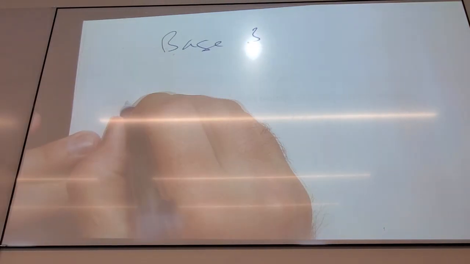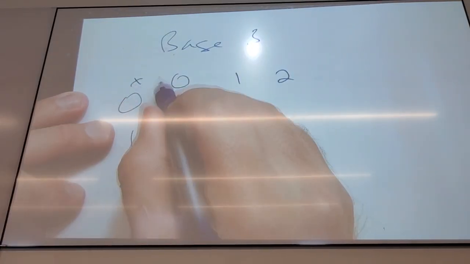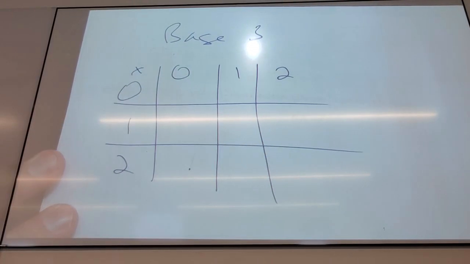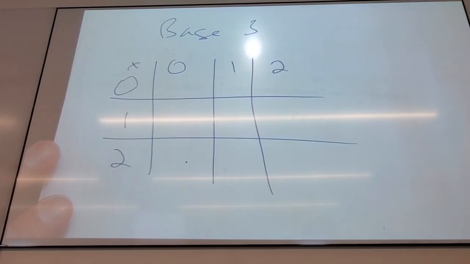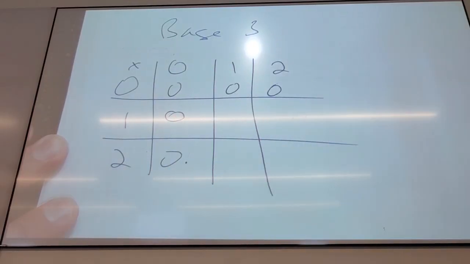Okay, so I got 0, 1, 2, 0, 1, 2, times. Zero times anything is, yeah, so 0, 0, 0, 0, 0.